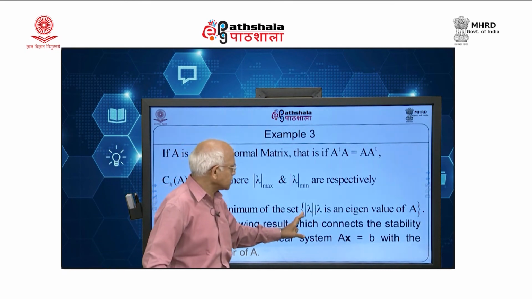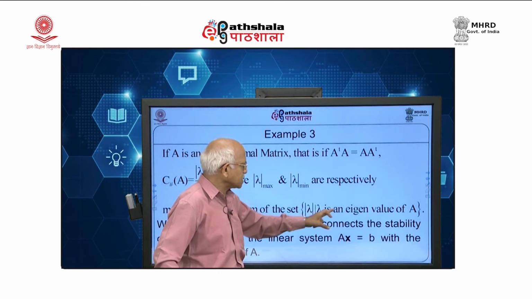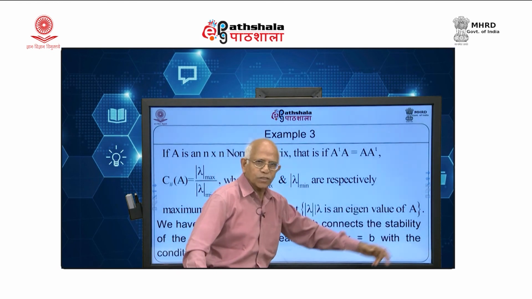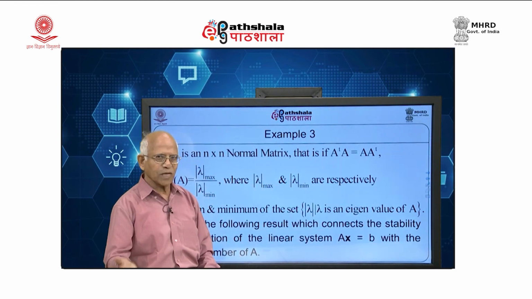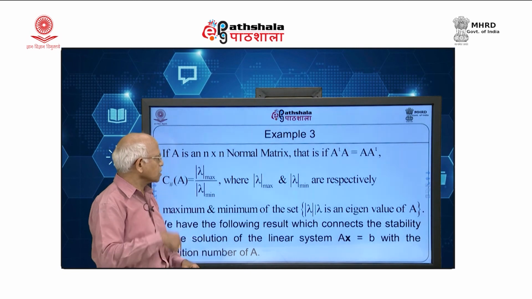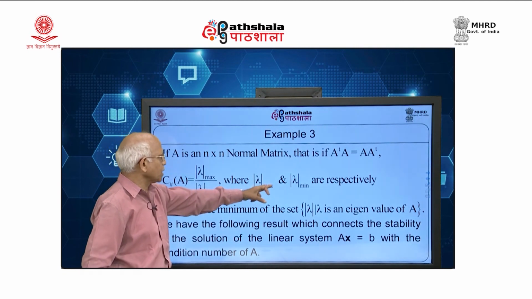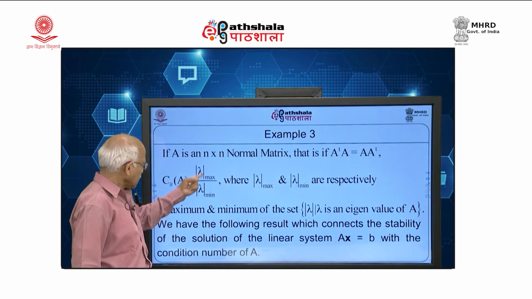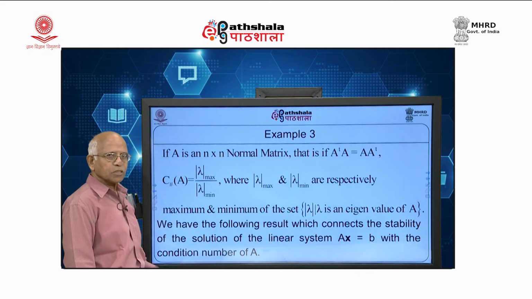So, what is this set? This set is mod lambda, where lambda is an eigenvalue of A. So, you take all eigenvalues, take their absolute values, and you consider the maximum and minimum of these absolute values, take their ratio, and that will give me the condition number.